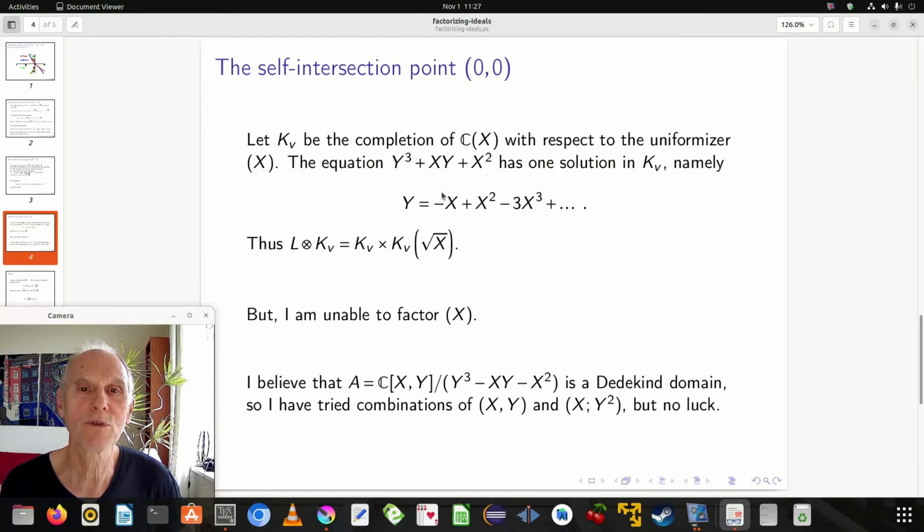I did the same thing, finding a solution in kV, where it's now series in x. And I did find one solution, and only one, so it's the same again. x must factor with 1, and then a maximal ideal squared. All this is according to the theory of Dedekind domains. And I really believed that this would be a Dedekind domain.